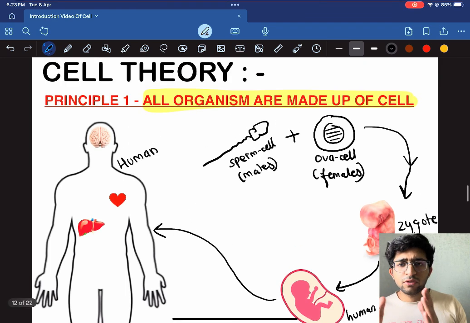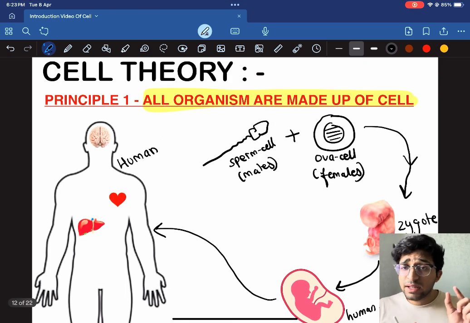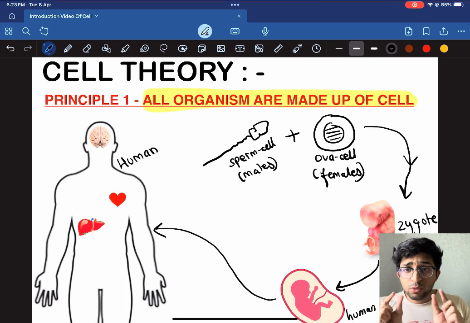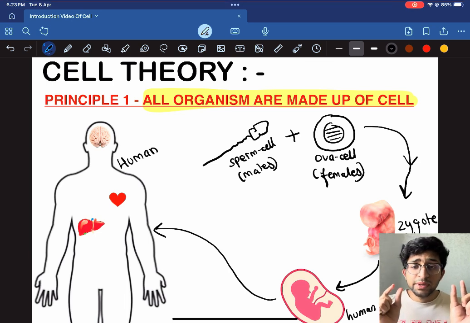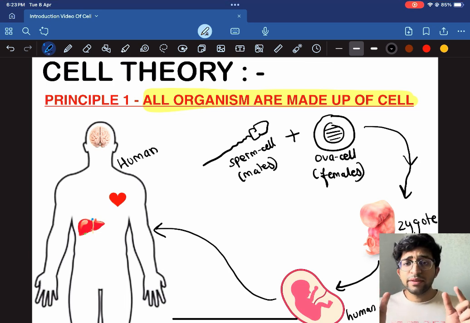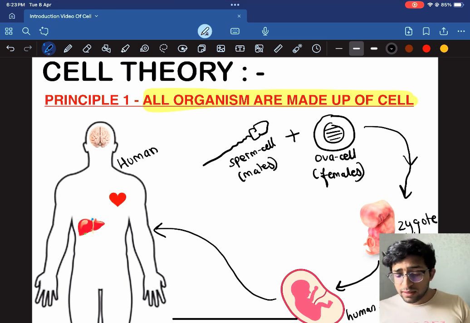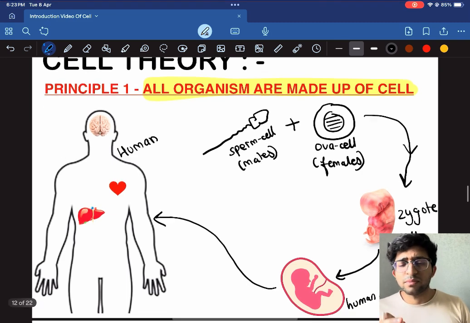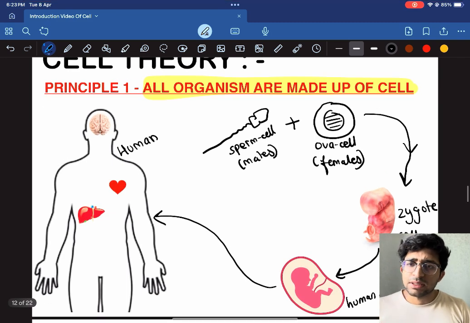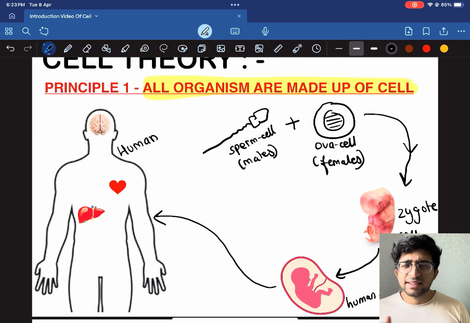So what we learn from principle one is that one cell from the male and one cell from the female come together and make a big cell, then this cell goes through division, mitosis, and forms a human organism. The same applies to animals, dogs, cats, everyone.